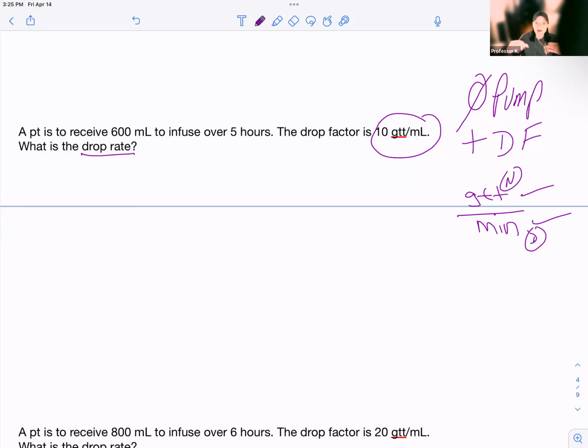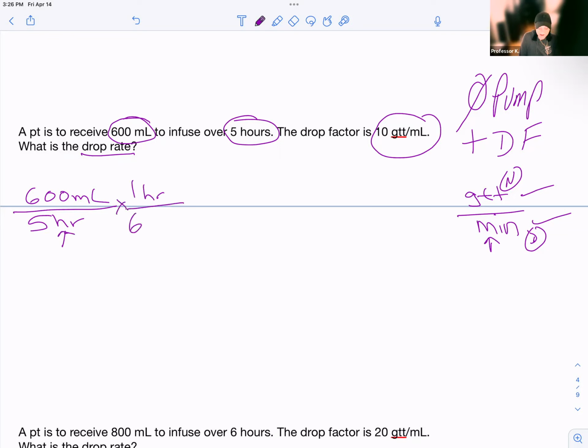And then I start with my volume over time. 600 milliliters over 5 hours. Okay. How do I get hours to minutes? 1 hour is 60 minutes. That crosses out my hours and it gives me minutes in my denominator.